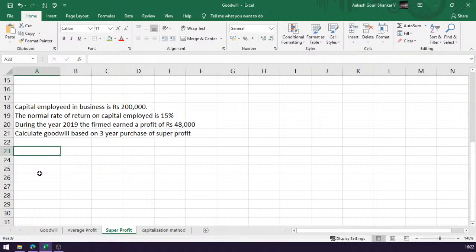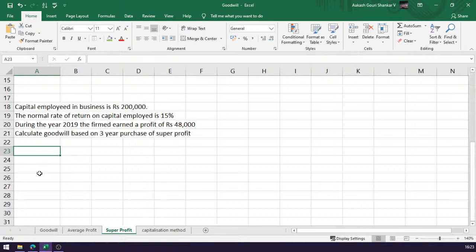So when we solve a sum like, the capital employed in a business is rupees 2 lakhs. The normal rate of return on the capital employed is 15%. If we invest a capital of rupees 2 lakh and do a business, we will be earning a profit of 15% on the capital employed. This is the meaning of normal profit.